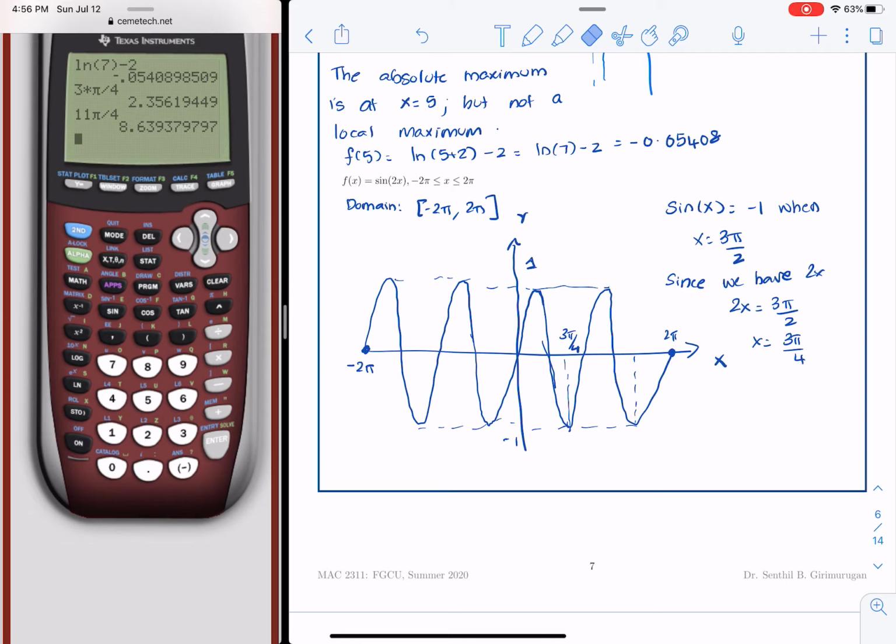We know sine pi over 2 is 1. But we have sine 2x. This would mean 2x must equal pi over 2 to get 1. So x would be equal to pi over 4.